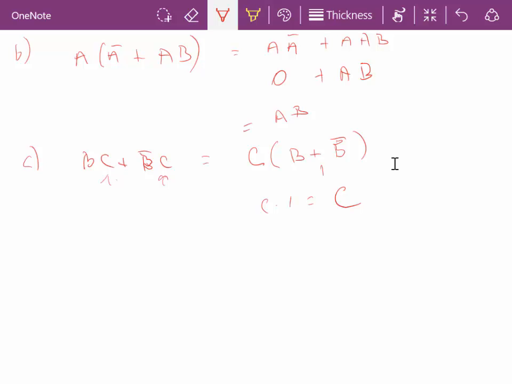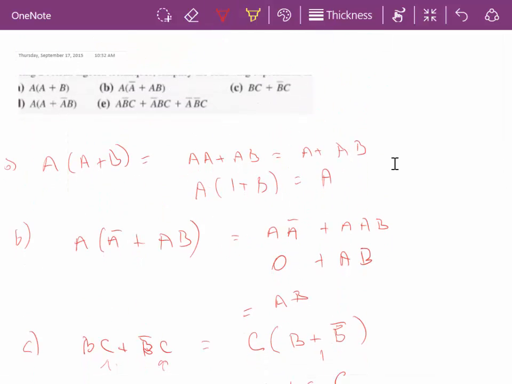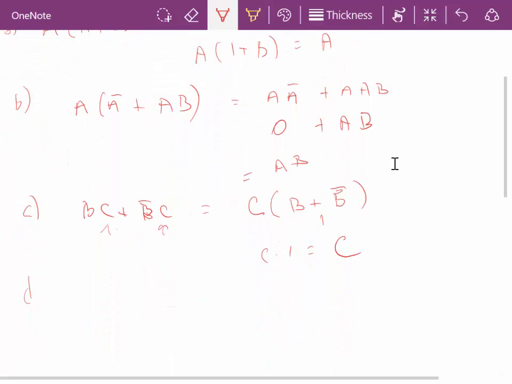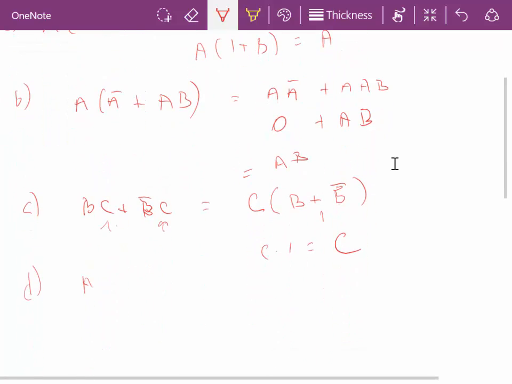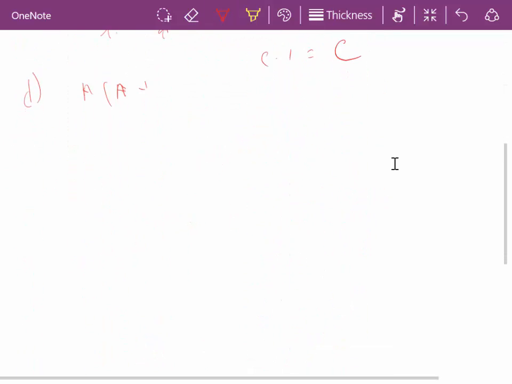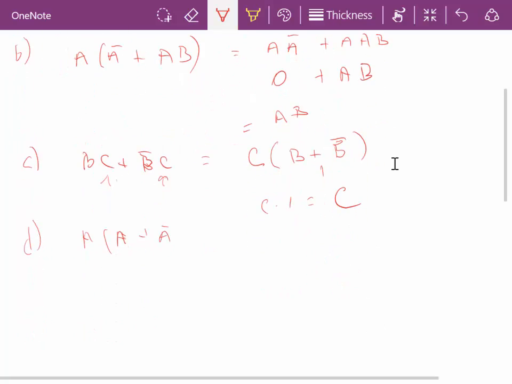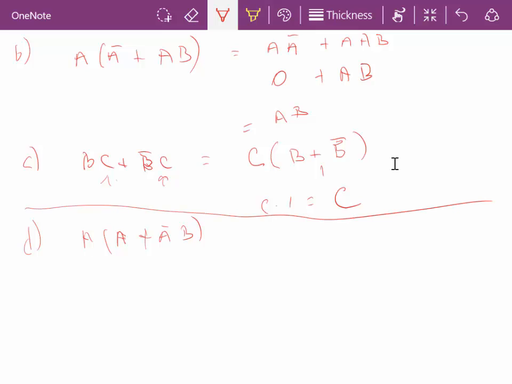The next one is A times A plus not B. That is A A plus A not B. Again, you can factor this out multiple ways, but the easiest way that I see to doing this, and it's like regular algebra, you multiply it out.